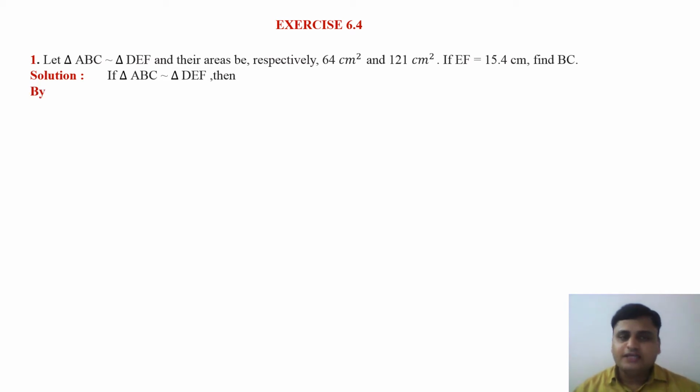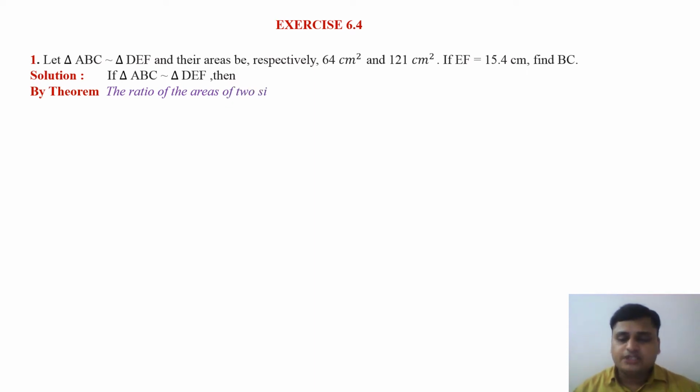So if triangle ABC is similar to triangle DEF, then by the theorem of similarity, which we discussed in the previous class. I have written it here also, and I am going to repeat the statement of this theorem so that you all can recall.